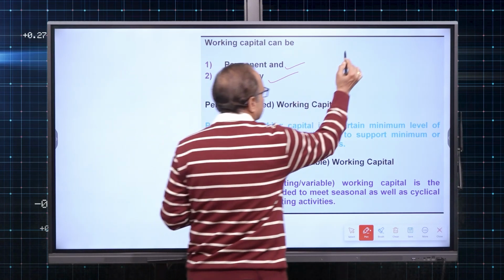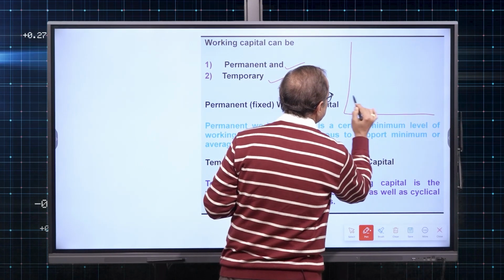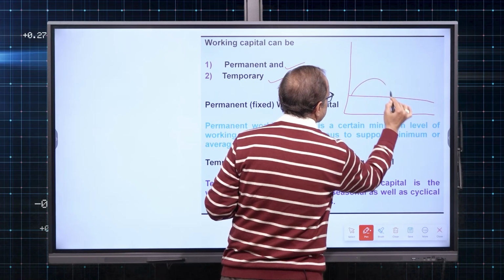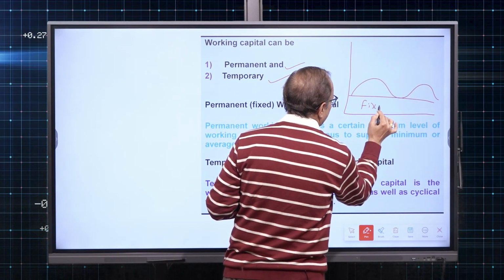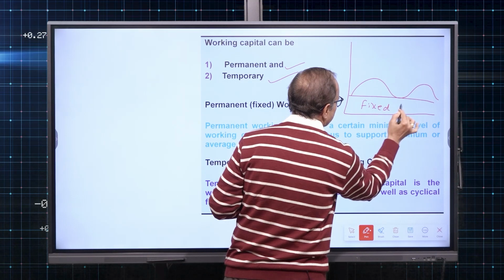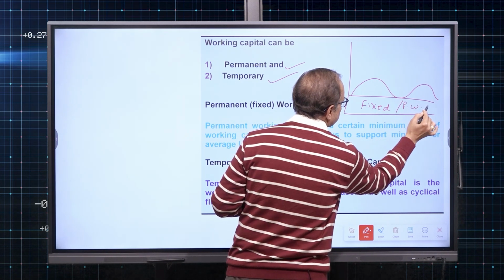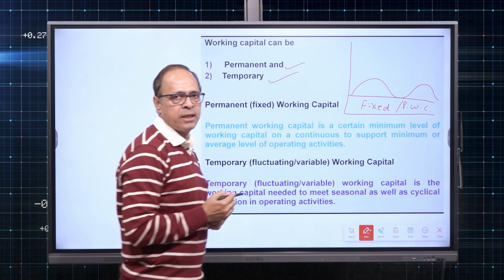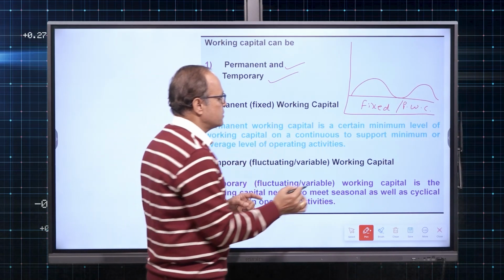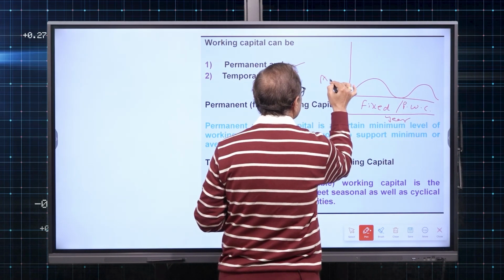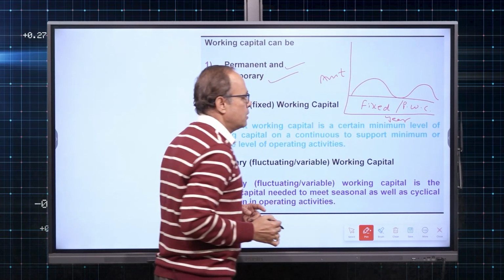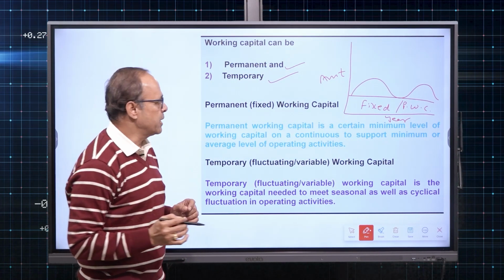So, graphically we can show it like this. This is fixed working capital or permanent working capital. You can say PWC, permanent working capital, that means throughout the year. So, this is the year long period and this is the amount. That level of working capital is permanent.